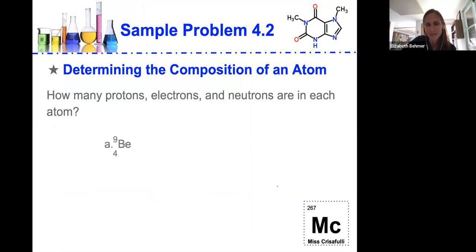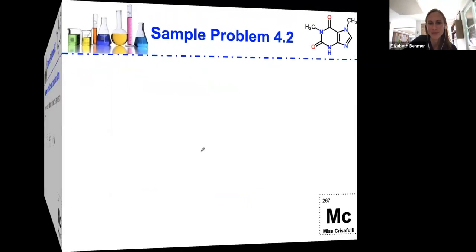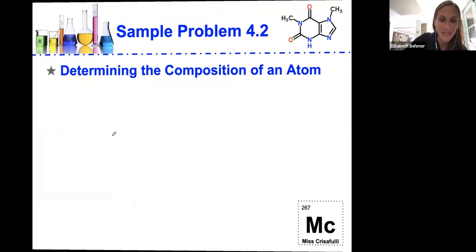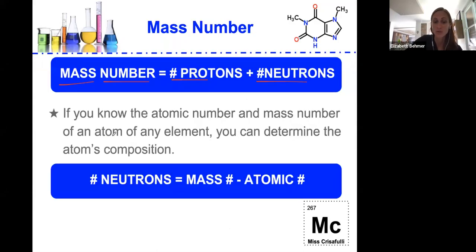Let's talk about, this is beryllium, neon, sodium. So I'm just going to go back. So we're going to do 3 practice problems here. We're going to look for the number of protons, electrons, and neutrons in each of these 3 atoms. The number at the top is always the mass number, and we determined previously that the mass number is equal to the number of protons plus the number of neutrons.